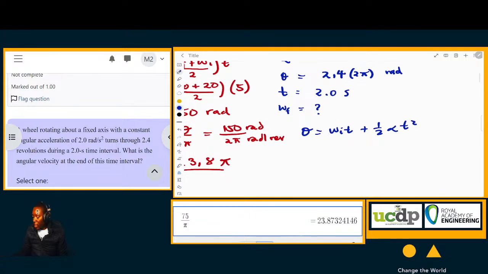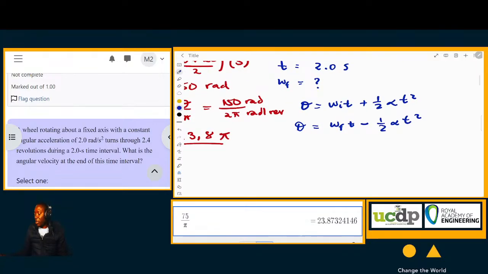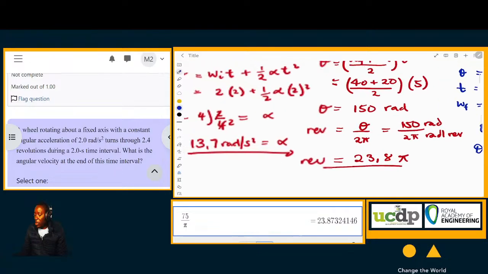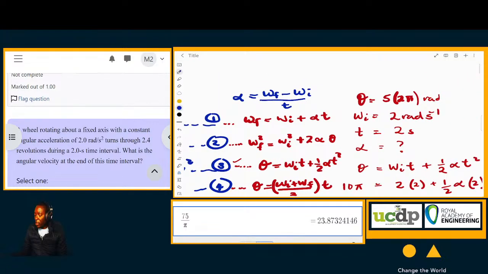But we don't have omega initial, but we know that theta is also equal to omega final t minus half alpha t squared. So this is the other way in which we can write this same equation based on omega final. Considering we want to find omega final, we're just eliminating the process of finding omega initial first and then plugging it into this equation, and then going from there to find omega final according to equation 1, which says our omega final is omega initial plus alpha t.